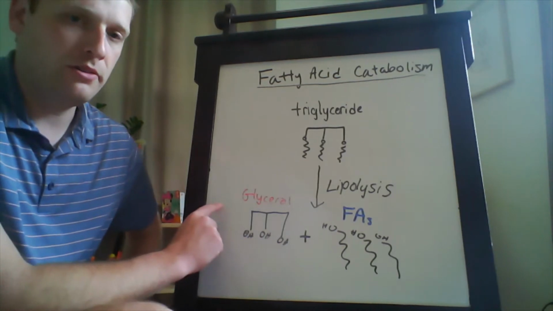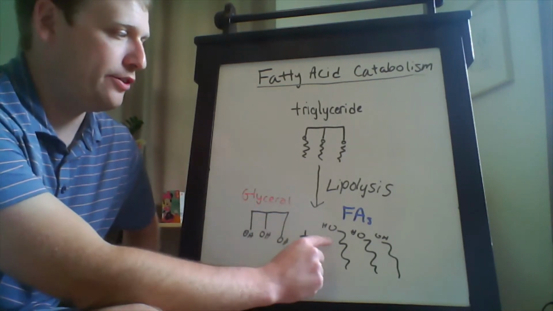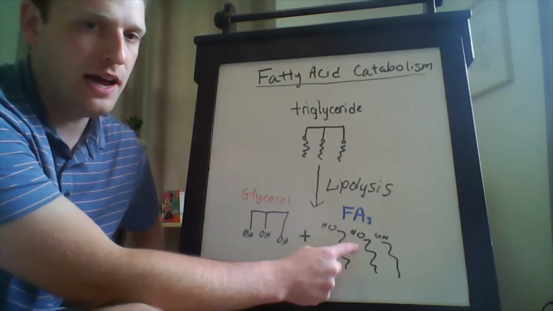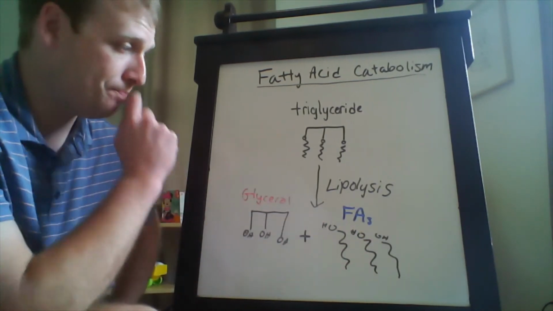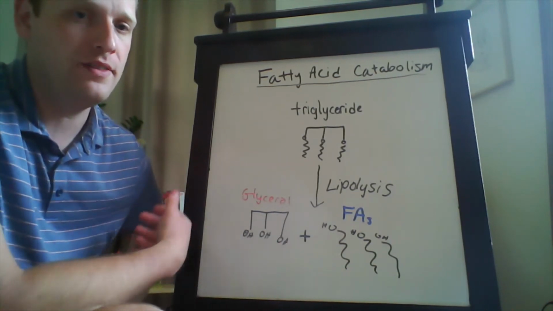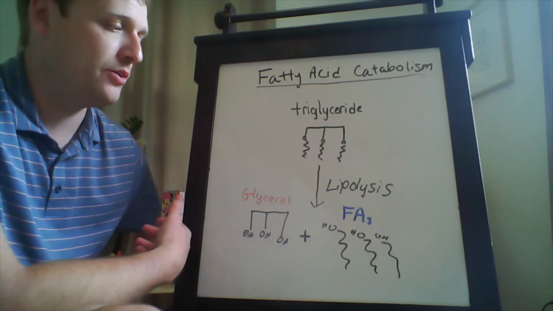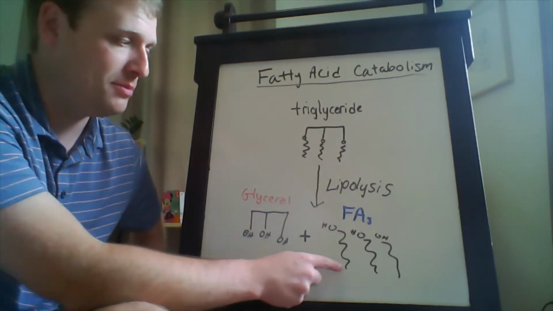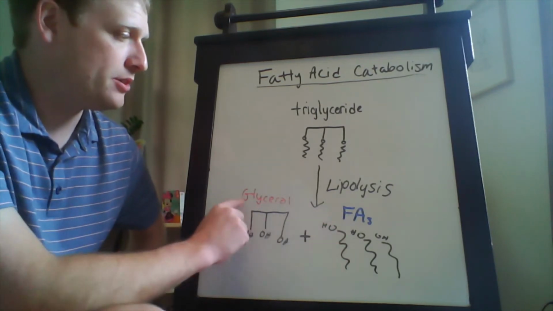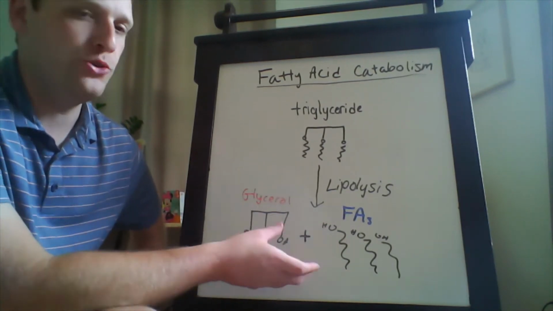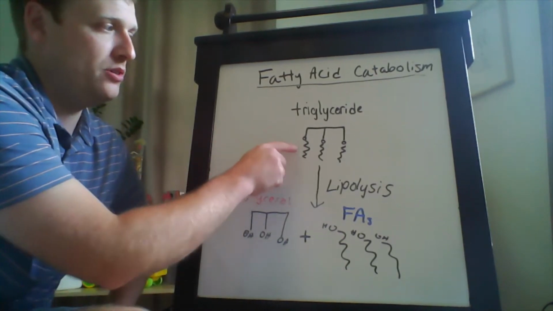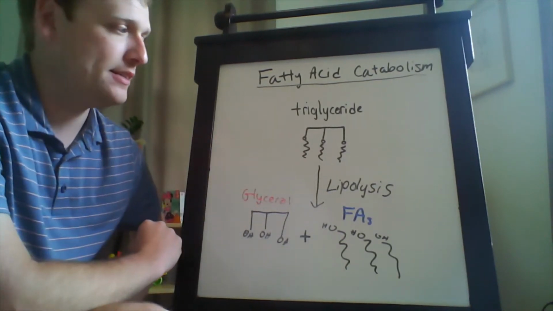That glycerol is joined with 3 fatty acids, and those fatty acids, remember, have these long hydrocarbon tails. Those hydrocarbon tails are where the majority of the energy is going to be produced, by breaking the bonds between the carbons in those tails. But these two molecules, glycerol and the fatty acids, are joined together to make the triglyceride. One glycerol molecule joined to 3 fatty acids.